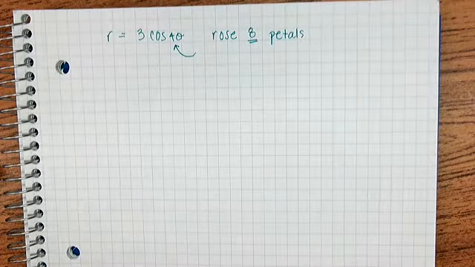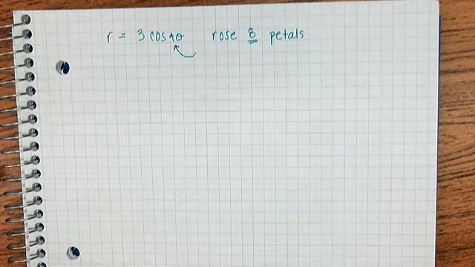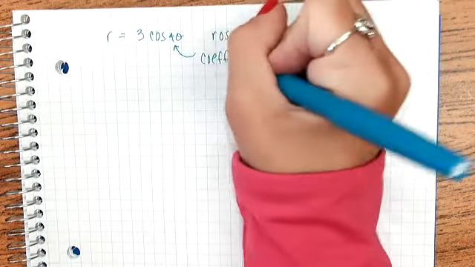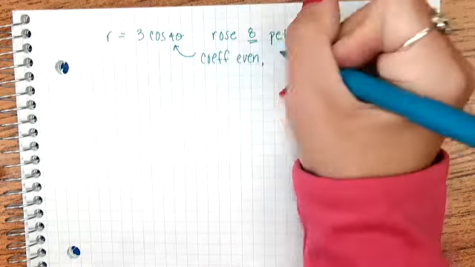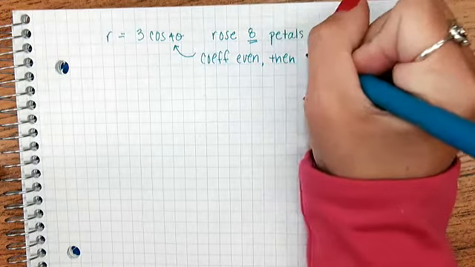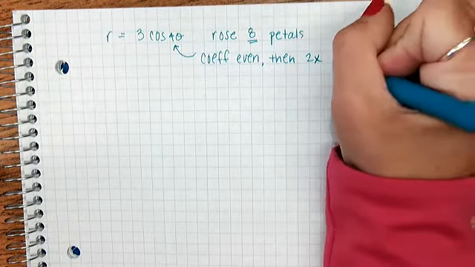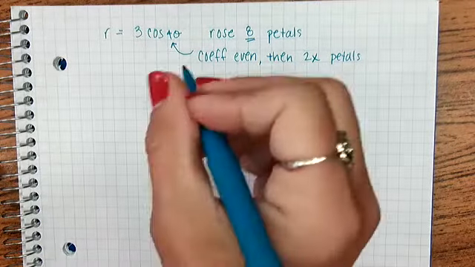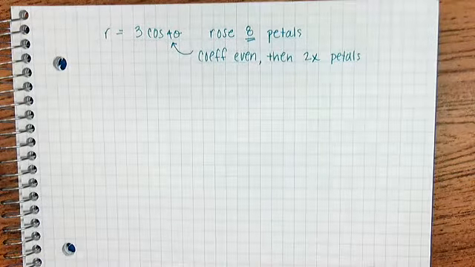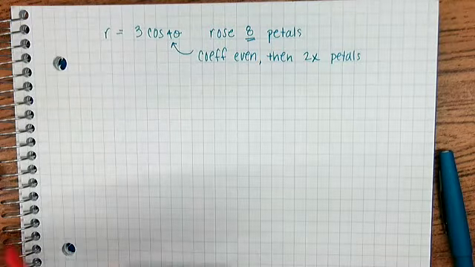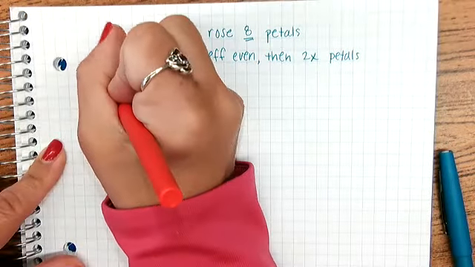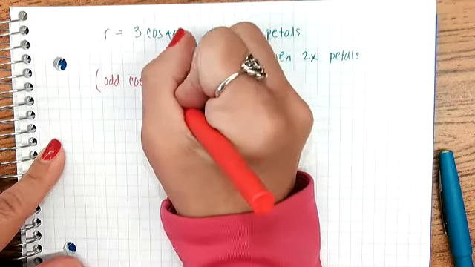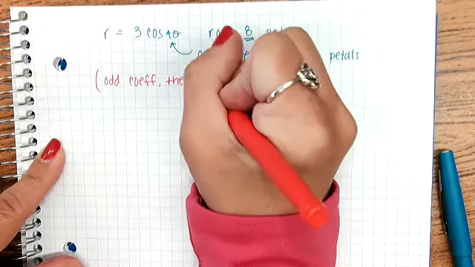When the coefficient is even, then you have twice as many petals. And if the coefficient is odd, a little side note, an odd coefficient, then the same number of petals.